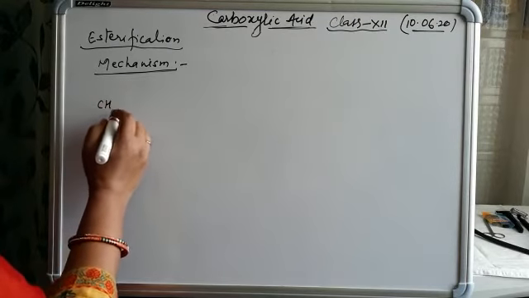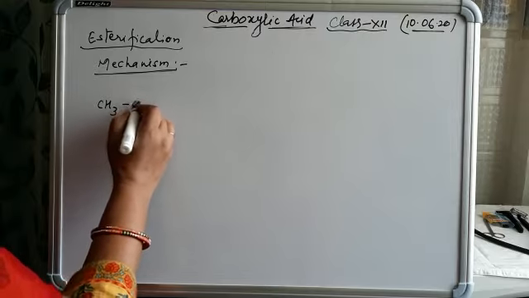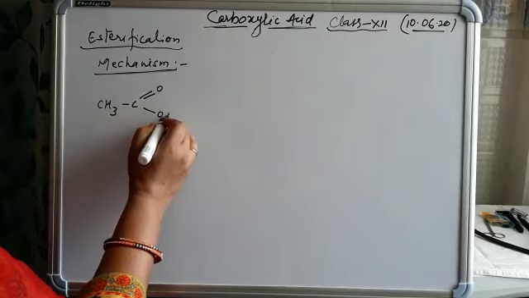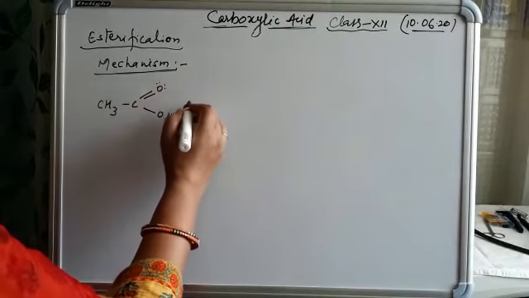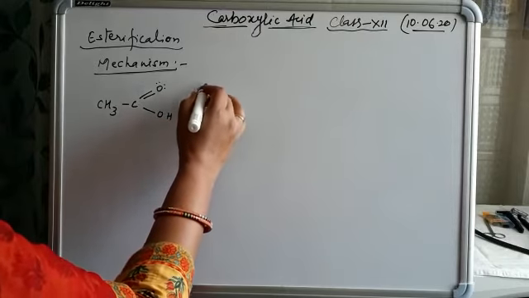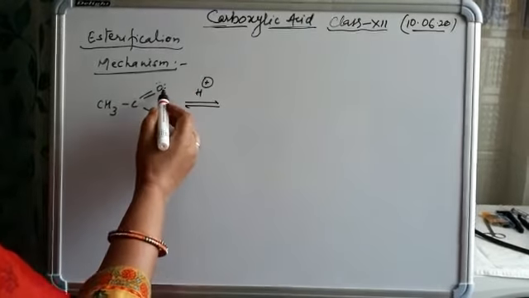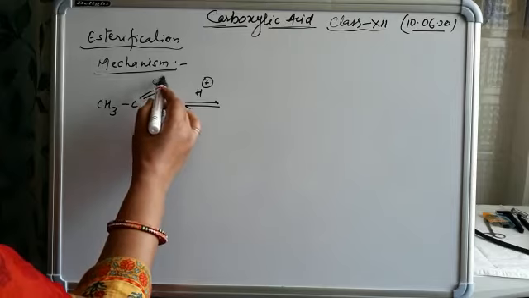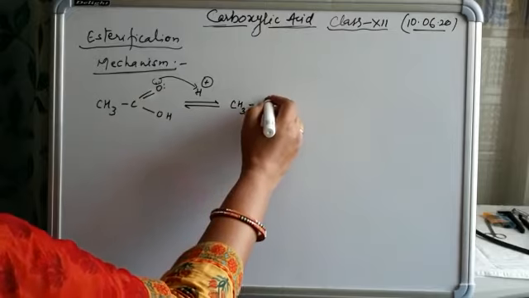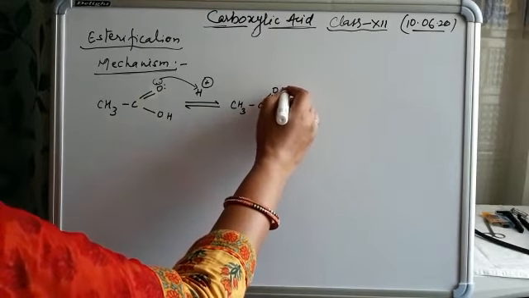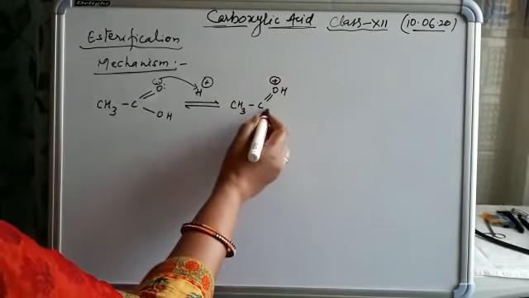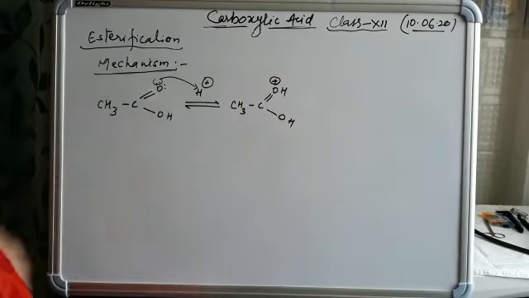At first, protonation of carboxylic acid takes place. Here the lone pair of electrons is present, and we know that this reaction proceeds in presence of catalyst H+. So the lone pair present on the oxygen takes this proton, and protonation takes place, so it becomes OH, and positive charge appears on the oxygen, and here is the OH.